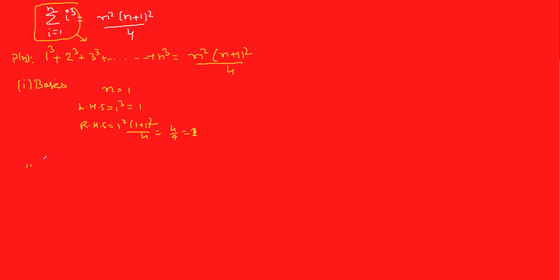What is the induction hypothesis? This is the same. Only n is replaced with k. And let's suppose P of k is true for all k belongs to natural numbers. Now the main thing is what? Third step.